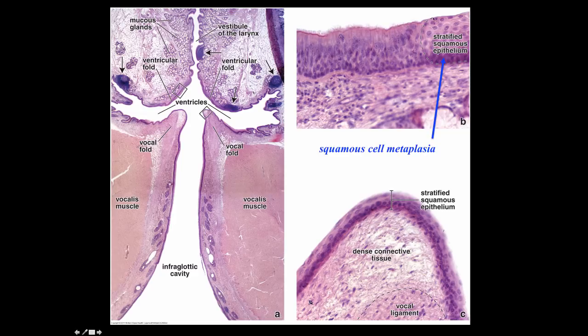But note that in some areas of these false folds you get a stratified squamous epithelium, and this is something that's fairly common. It's called a squamous cell metaplasia. That is, cells that give rise to the respiratory epithelium can also give rise to a stratified squamous epithelium.